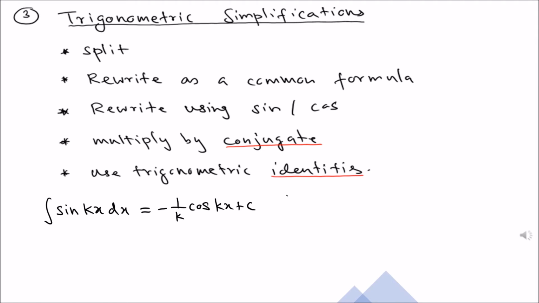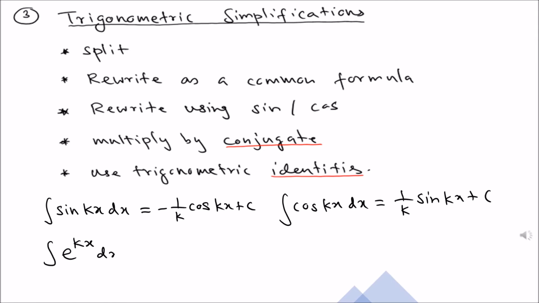Then the integral of cosine kx dx is 1 over k sine kx plus c. We also have one from the exponential function: the integral of e to the kx dx. You simply divide by the constant, giving e to the kx over k plus c. This can be very useful at times, and you can save a lot of time.